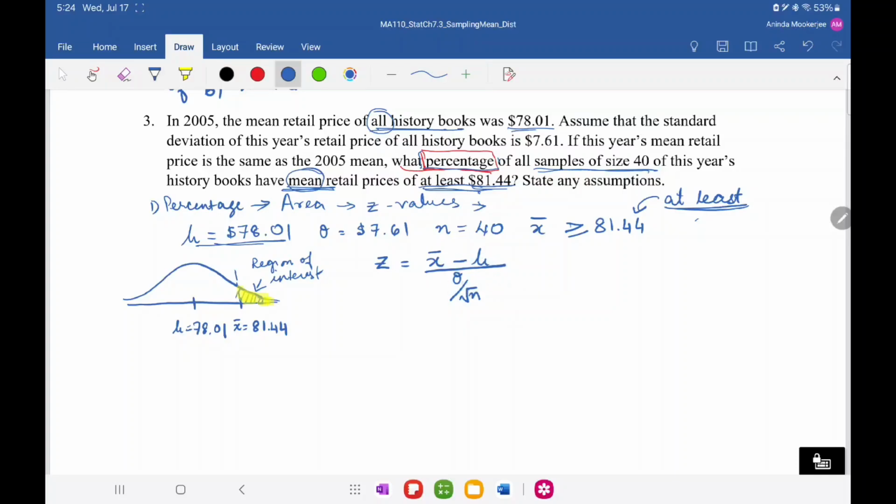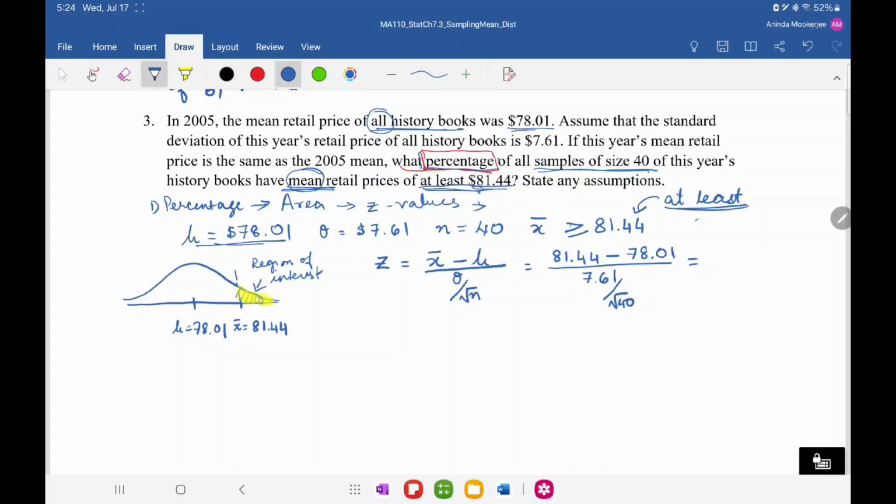So we have all our values. So X bar is 81.44, so 81.44 minus mu, 78.01, divided by 7.61, the population standard deviation, divided by square root of 40. That's our sample size, excuse me, not sample mean. The sample size n is 40.